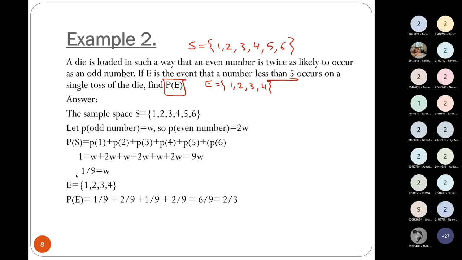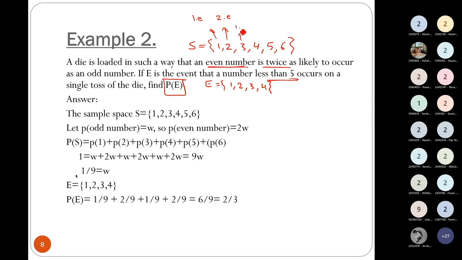For the odd number 1 we have one unit, one E. For 2, because this is even, we have 2E, because the even number is twice as likely, meaning double the odd number.